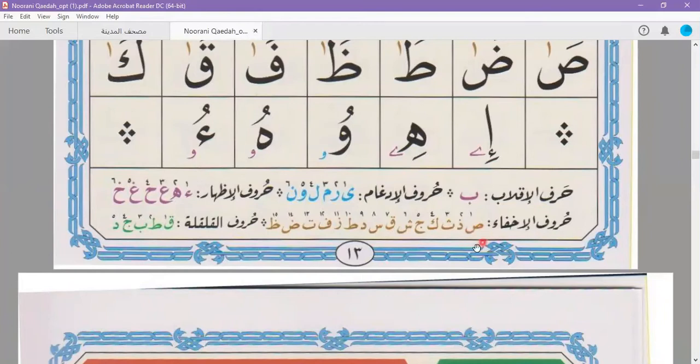صف: صاد, ذا: ذال, ثنا: ثا, كم: كاف, جاد: جيم, شخص: شين, قد: قاف, سما: سين. This is one line.